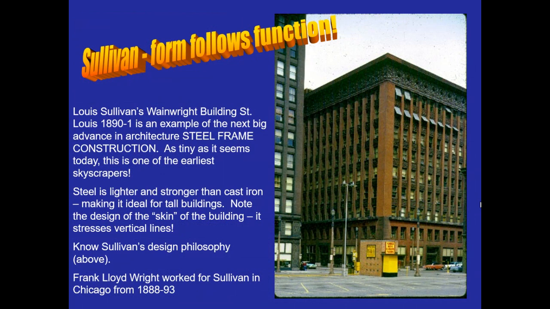Steel is stronger but lighter than cast iron, and it's less likely to crack. So when we have the advent of steel prefabricated beams and the invention of the elevator, we can build taller and taller buildings, and that's exactly what begins to happen in the US.